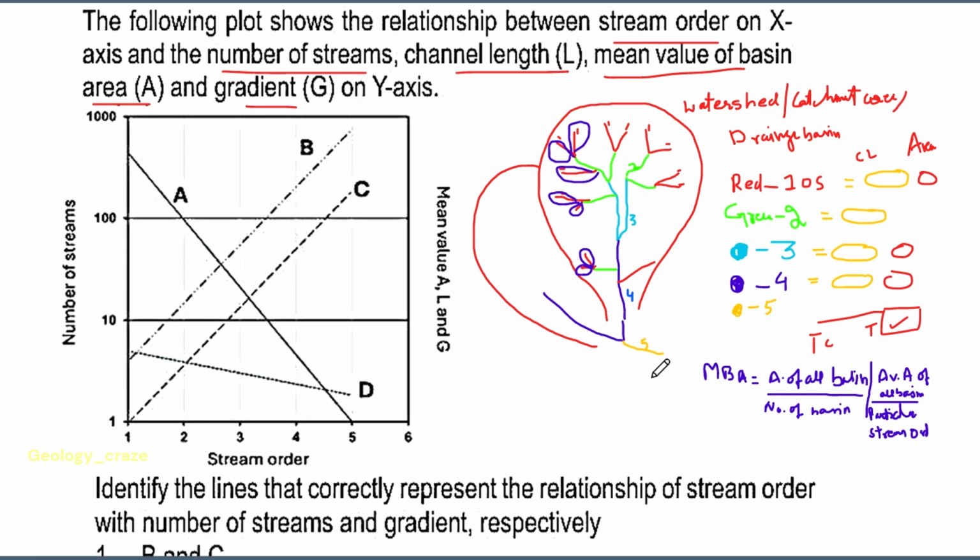But it is not getting low suddenly, because we have to maintain our stream course and equilibrium profile. There is one equilibrium profile in this, and we have to maintain that one.